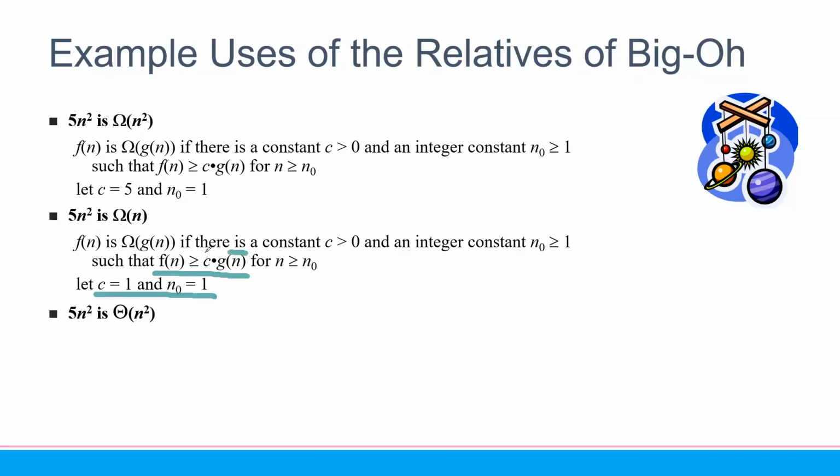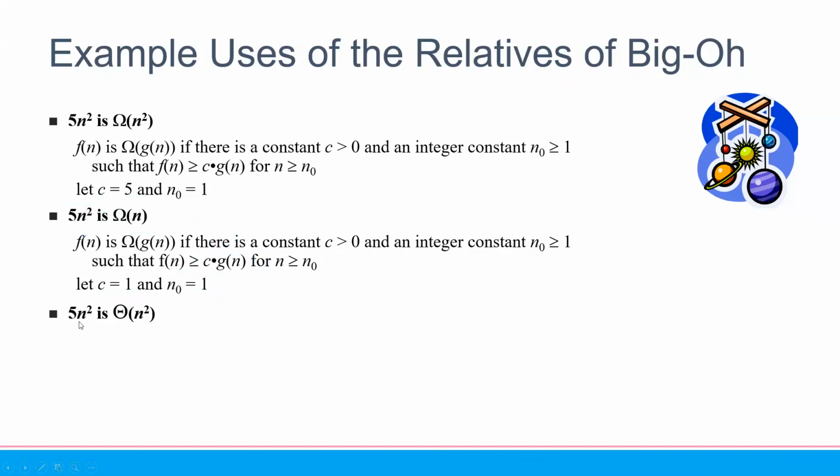So C multiplied by Gn, because it is big omega, Fn is still greater than or equal to C, which is a constant, multiplied by Gn. Then this condition is true.